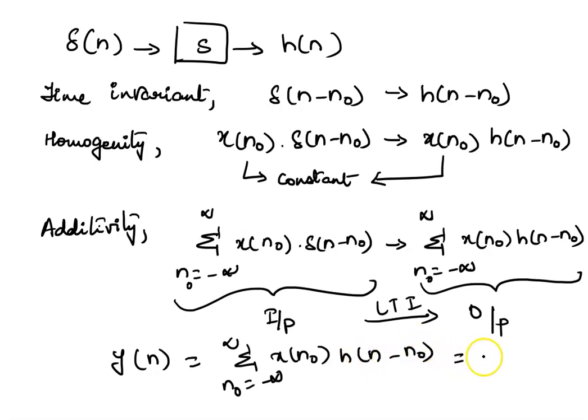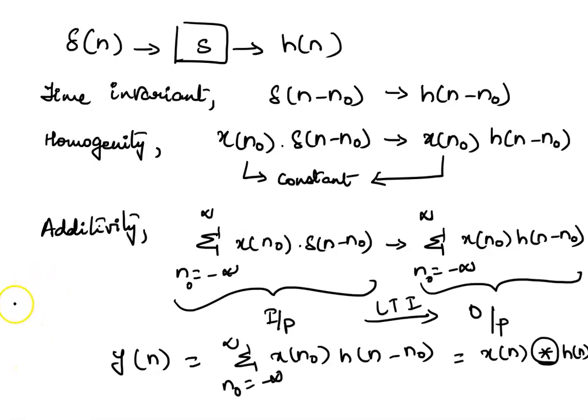This is nothing but the convolution of x of n with h of n. We saw what convolution is in unit 2, and we end this lecture by concluding that if a system is LTI in nature, then its output y of n is the convolution of its input with the impulse response.